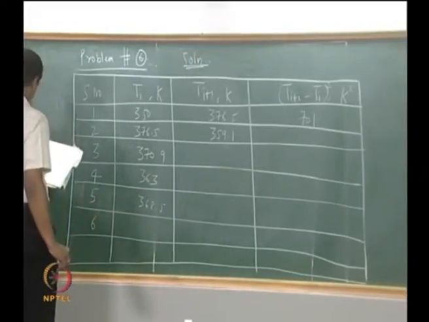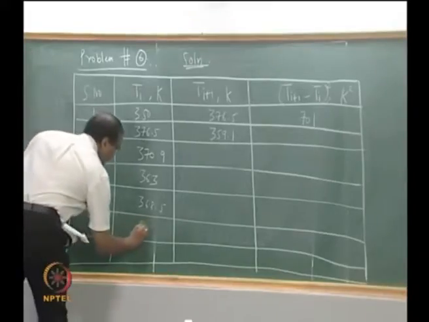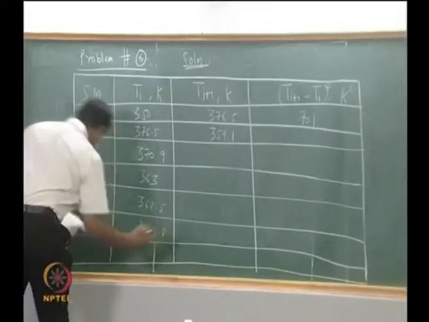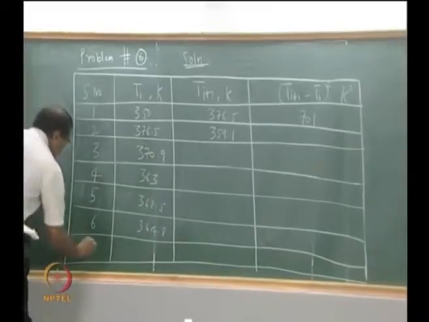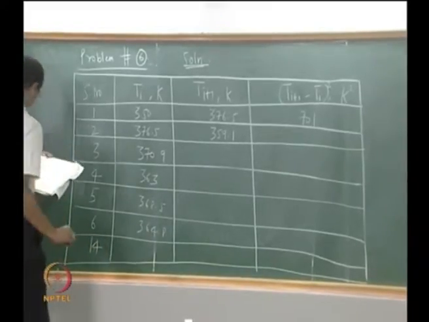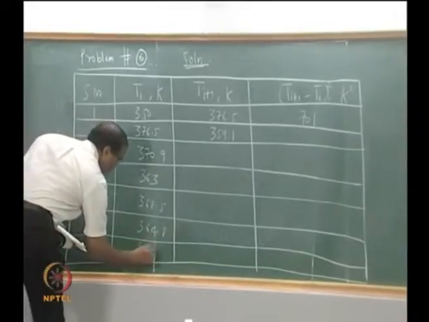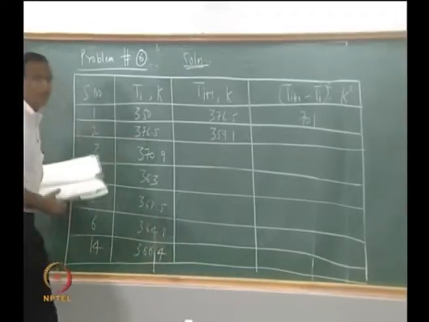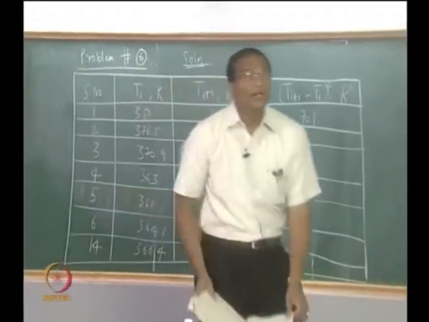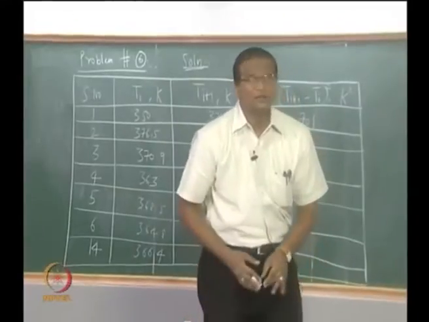Number 6 was 368.5, 364.8, and so on up to 14. Did somebody proceed beyond the 14th iteration? 366.4, which is like 93 degrees Celsius.